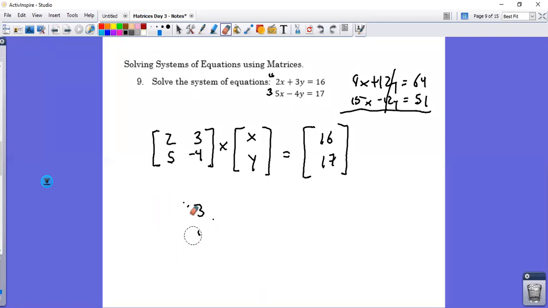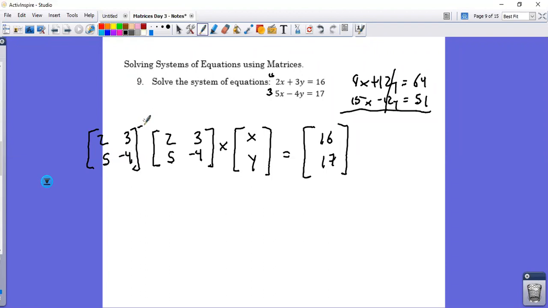So to solve that equation, to make this into an identity matrix, I need to multiply it by its inverse, 2, 3, 5, -4.